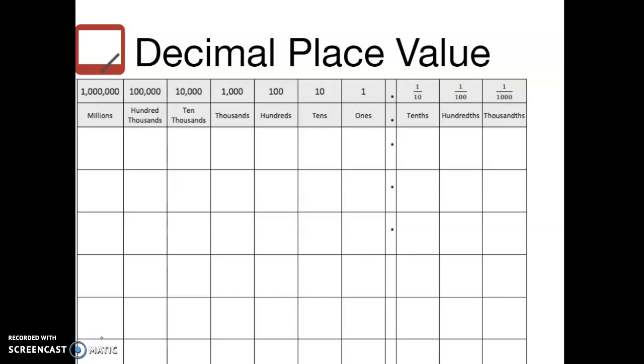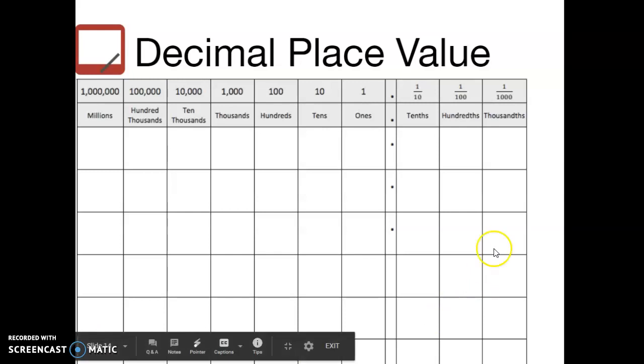Thousandths, hundredths, tenths, ones, tens, hundreds, thousands, 10,000s, 100,000s, millions. So you might notice there is a pattern. When you go from ones, tens, hundreds, thousands, on the other side of the ones you have tenths, then hundredths, and then thousandths.